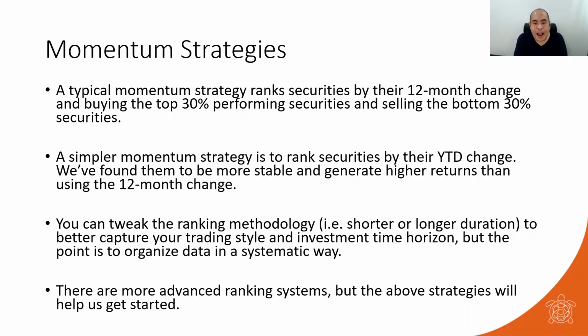You can tweak the ranking methodology, shorter, longer duration, to better capture your trading style and investment time horizon. But the point here is to be able to organize the data in a systematic way. And there is nothing more systematic than ranking things based on their actual performance over a specified time horizon.